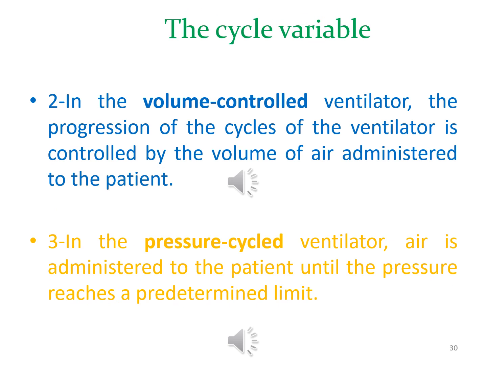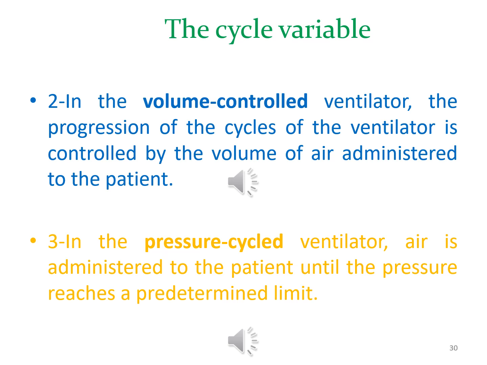In the volume-controlled ventilator, the progression of the cycles is controlled by the volume of air administered to the patient. Thus, if a machine is set to cycle on a given volume, it doesn't cycle until that volume of air has been administered to the patient.